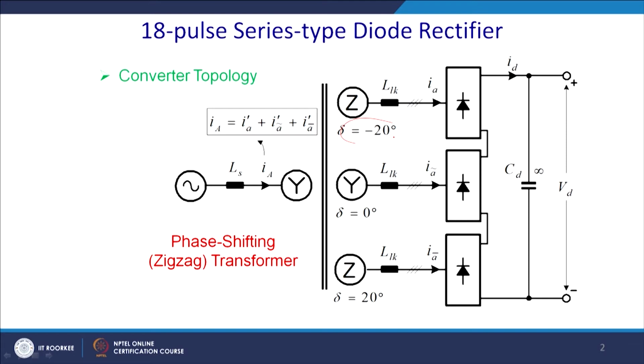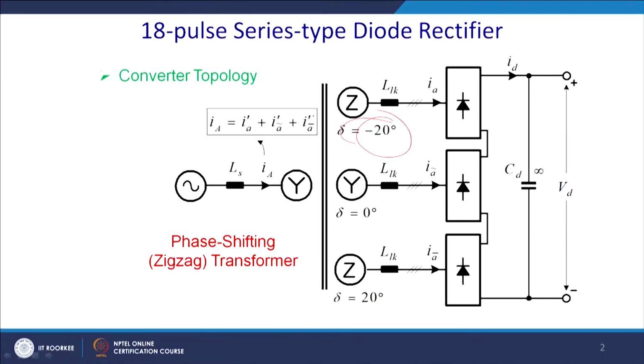It is because of the fact that the fifth and the seventh harmonic, if they have been phase shifted from the fundamental by 30 degrees, become exactly in phase opposition in the case of the star and delta, and thus they cancel each other, and in that way fifth and seventh harmonics are eliminated. So, when you give a phase shift of minus 20 degrees and plus 20 degrees, what happens, you get a 20 degree phase shift.